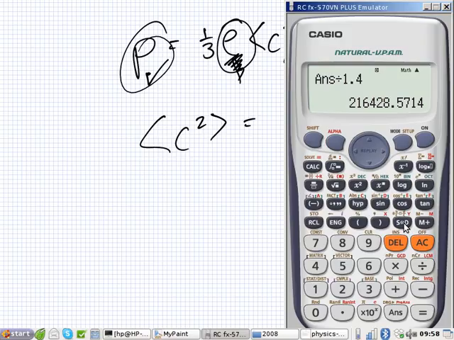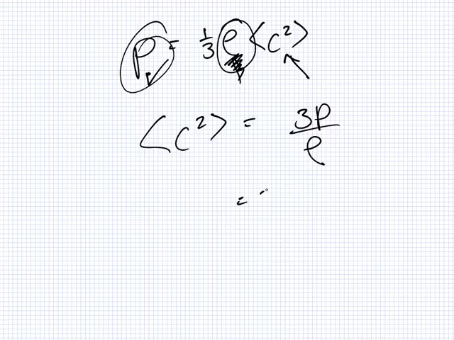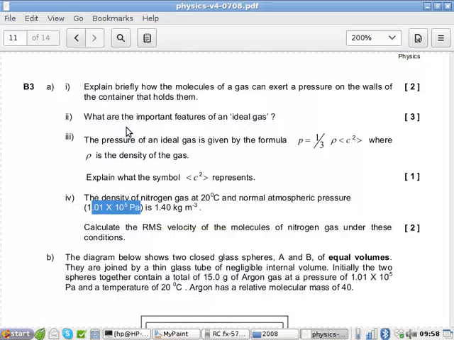Now the reason it's so big is because the velocity squared is what they were looking for. So that's equal to 216,000 meters per second squared. Yeah, we multiply the 3 by the pressure and divide by the density. Actually, that's a very easy question. That's why it's only 2 marks.